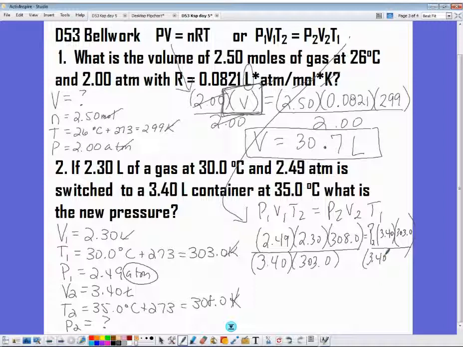Still got to zip it. Okay, so those numbers go away, and I have isolated what I'm looking for, which is my P2. Yes? Okay, I get an unrounded answer of 1.7122, and I round that to 1.71 atmospheres.